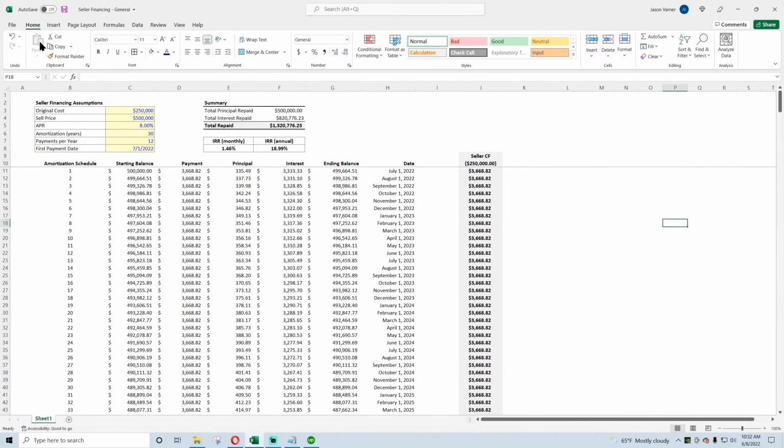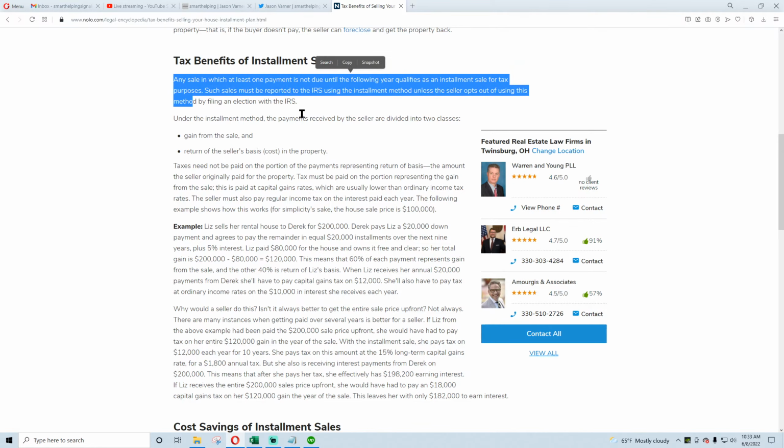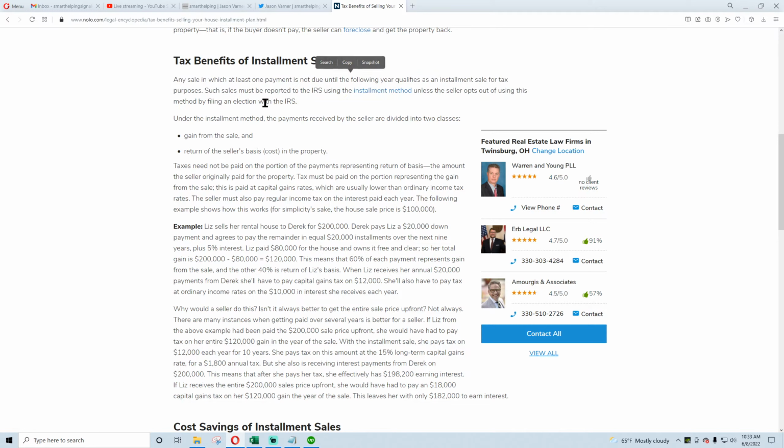And I do want to put some taxes here, because that's a big benefit of doing these: tax benefits. So any sale in which at least one payment is not due until the following year qualifies as an installment sale for tax purposes. So the term has to be greater than 12 months, which these almost always are. Such sales must be reported to the IRS using the installment method unless the seller opts out by filing an election with the IRS.